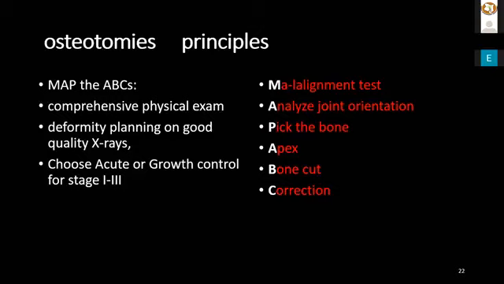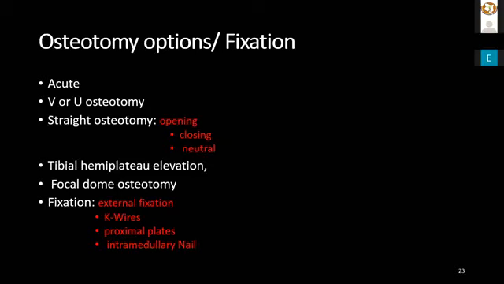If the cut is below that, then there are other maneuvers you have to do, the translation. So the choice of where to do the bony cut is also important, and the correction you have to do. Osteotomy options will include acute. I know various osteotomies have been described, but Gordon has not found any difference in the outcome, whichever osteotomy you do. So as a surgeon, you can choose which you are comfortable with.